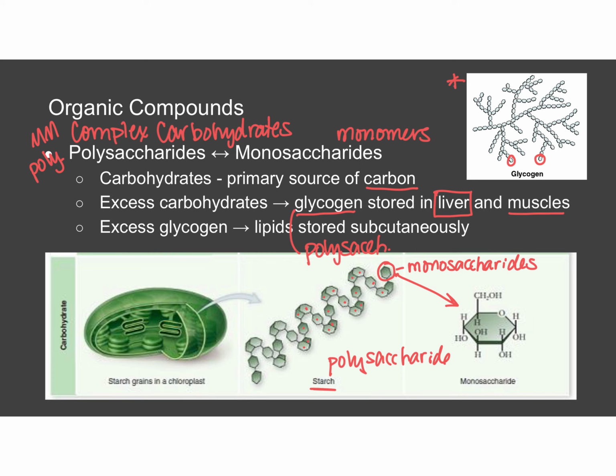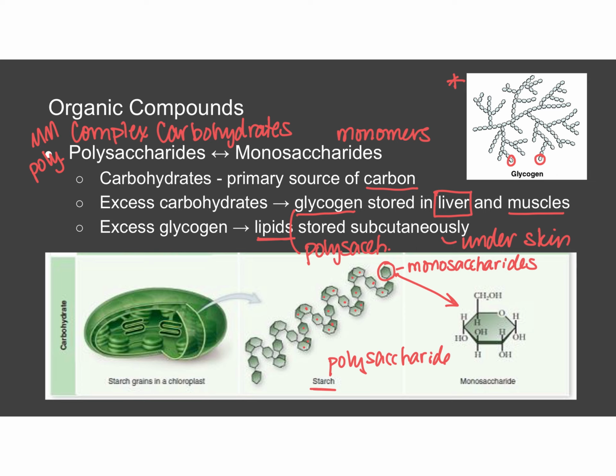Now, there's only a certain amount of glycogen that your body can and will store. So excess glycogen actually gets converted to lipids. And these are the fats that are stored underneath your skin. So subcutaneously means just under the skin.